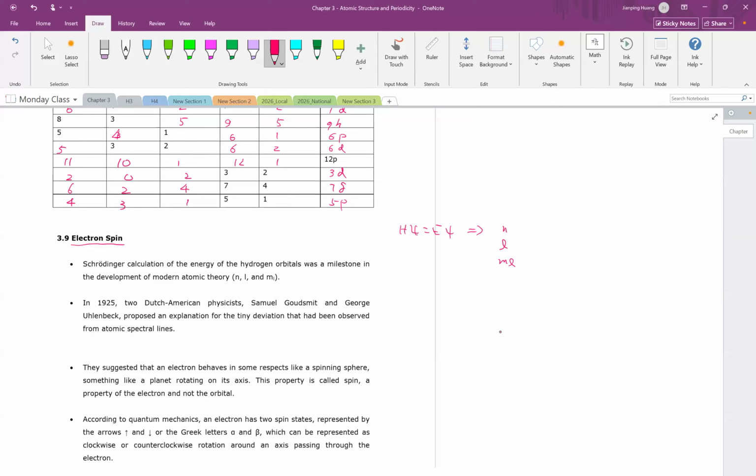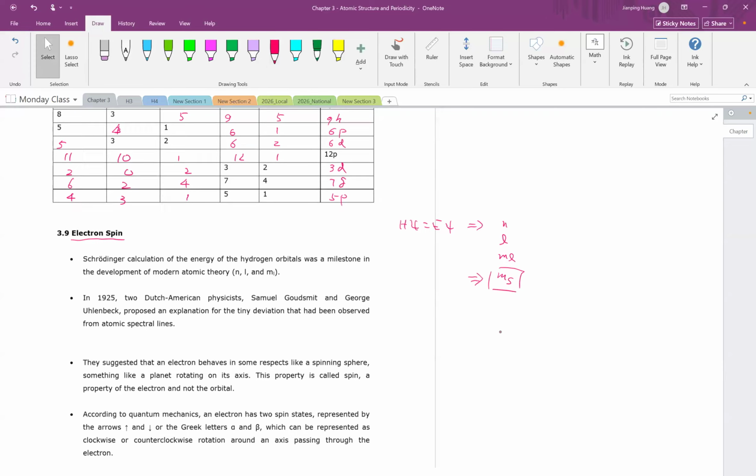However, this number is not from mathematical calculation. It is from experiments.